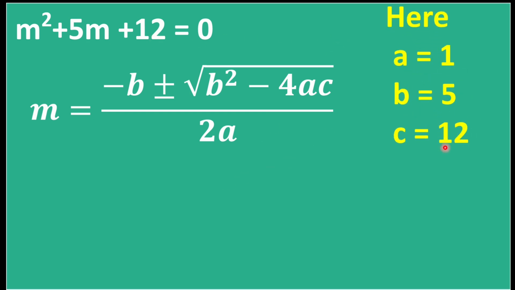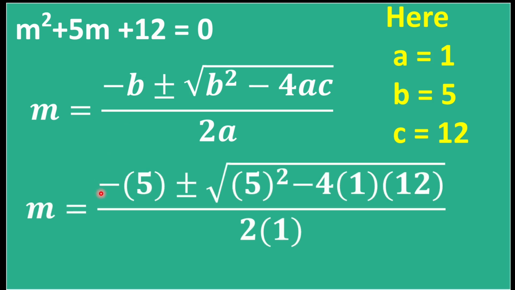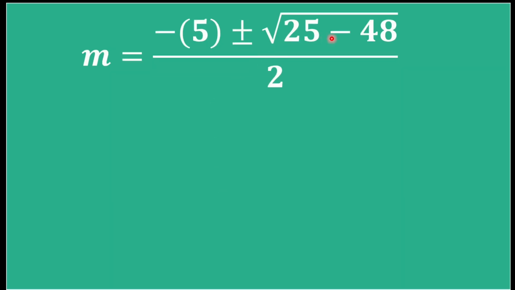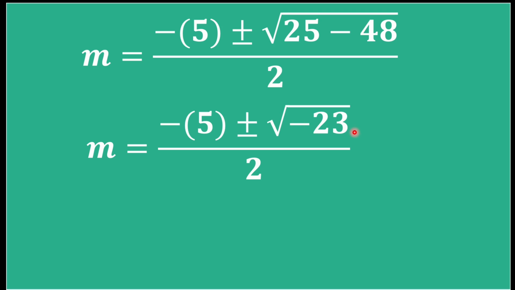And then we will put these values in this quadratic formula. So finally we have minus 5 plus minus square root of 5 square minus 4 into 1 into 12 divided by 2 into 1. Now we have 5 squared equal to 25, and this 4 times 1 times 12 equal to 48. So 25 minus 48 means that it's equal to minus 23, which is under the square root.